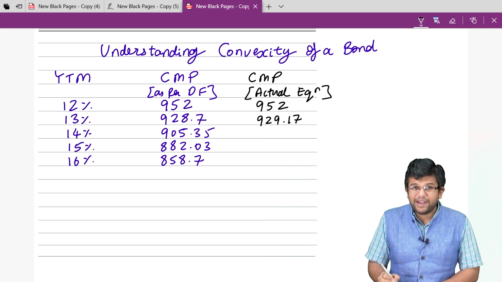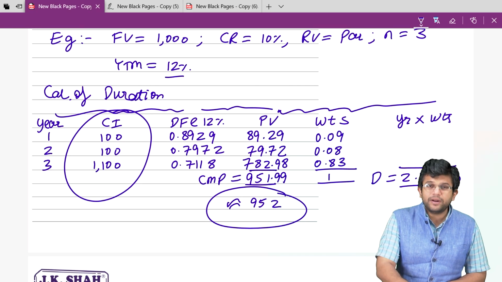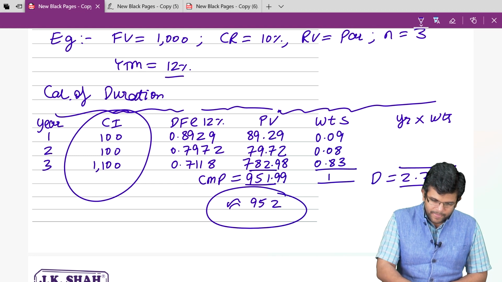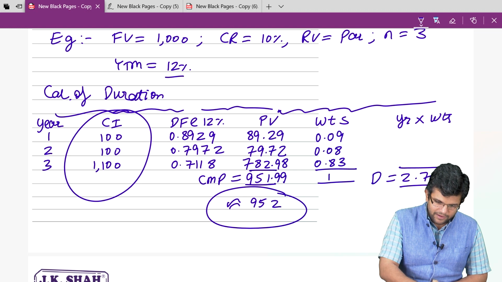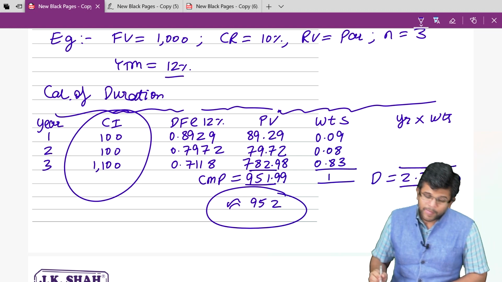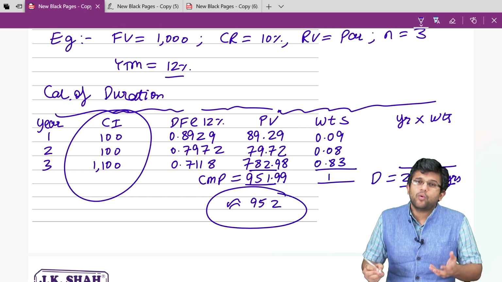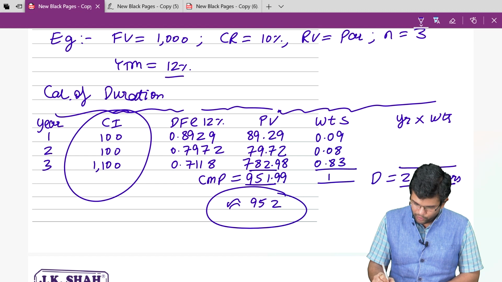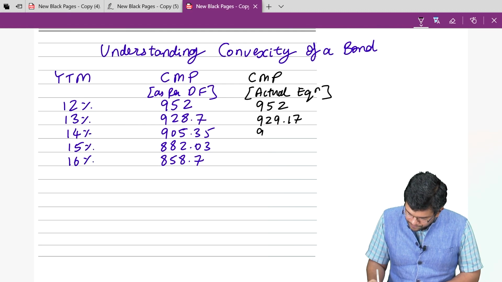Next, children, at 14%. If you do the discounting at 14%, 100 divided by 1.14, plus 100 divided by 1.14 squared, plus 1000 divided by 1.14 cubed. It comes to 907.13. So I'll write down here 907.13.